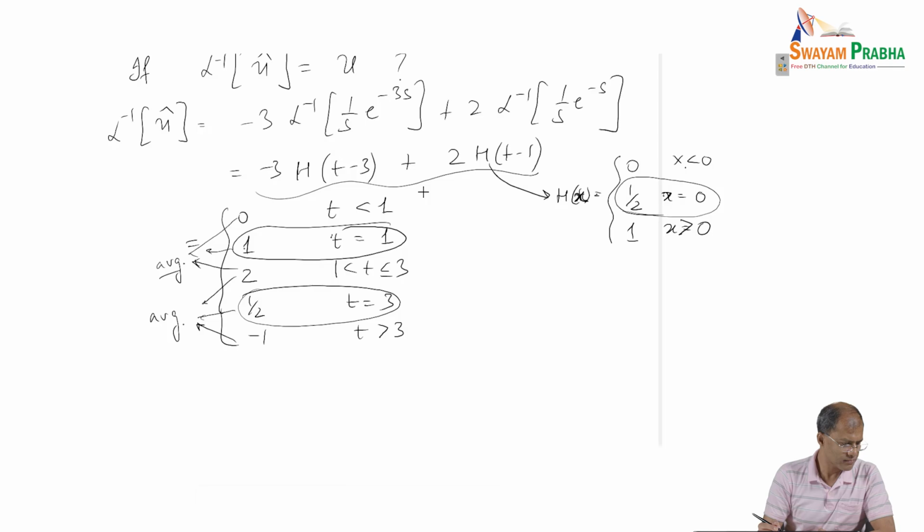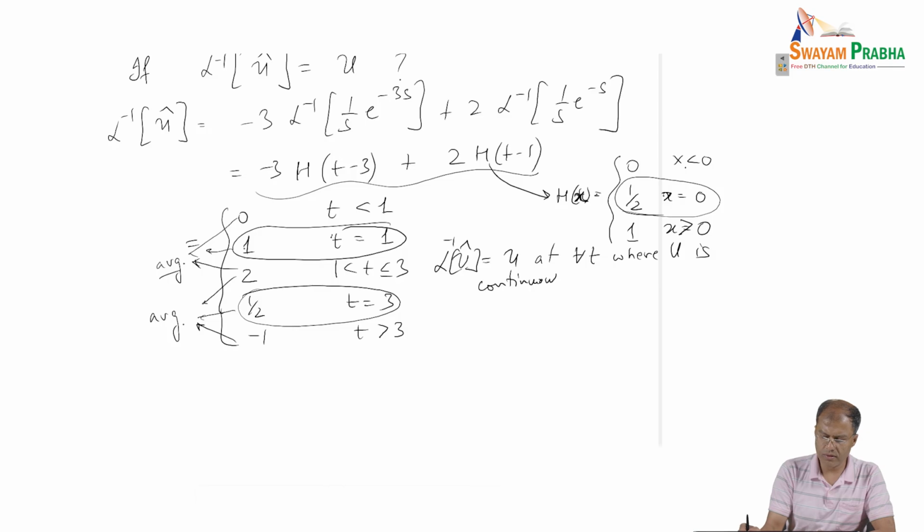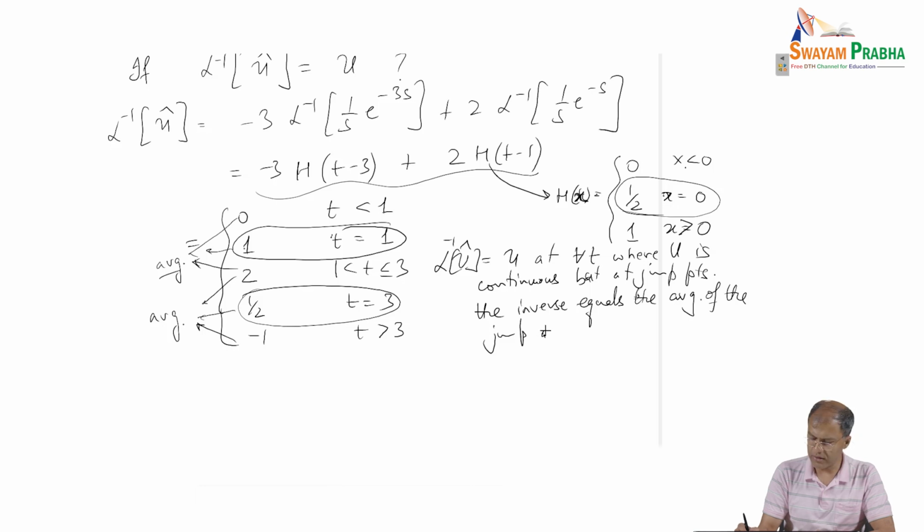That is, L inverse of u hat is u for all t where u is continuous, but at jump points the inverse equals the average of the jump in the function.